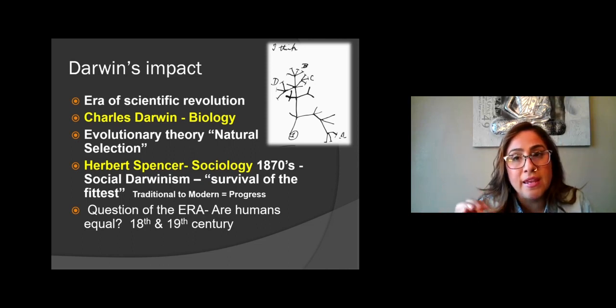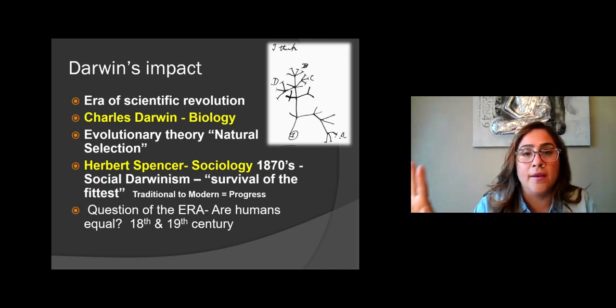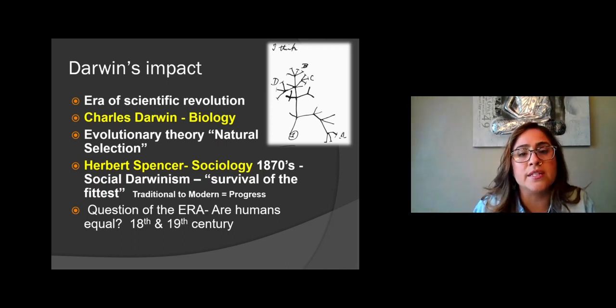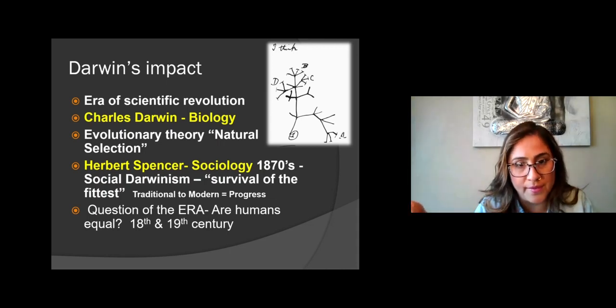And the way he applied it was looking at societies, groups of people, countries, and looking at their economic system. His application of this is saying, well, we have the poor, we have a middle class, and we have the wealthy.